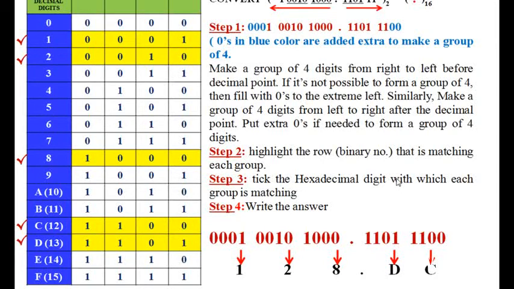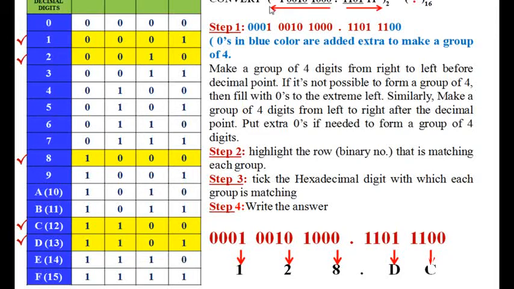Now it's time to learn how to convert binary number to hexadecimal number. Here the given number is 100101000.110111. This number is to be converted into equivalent hexadecimal. So our first step would be to make a group of 4 digits from right to left before the decimal point.